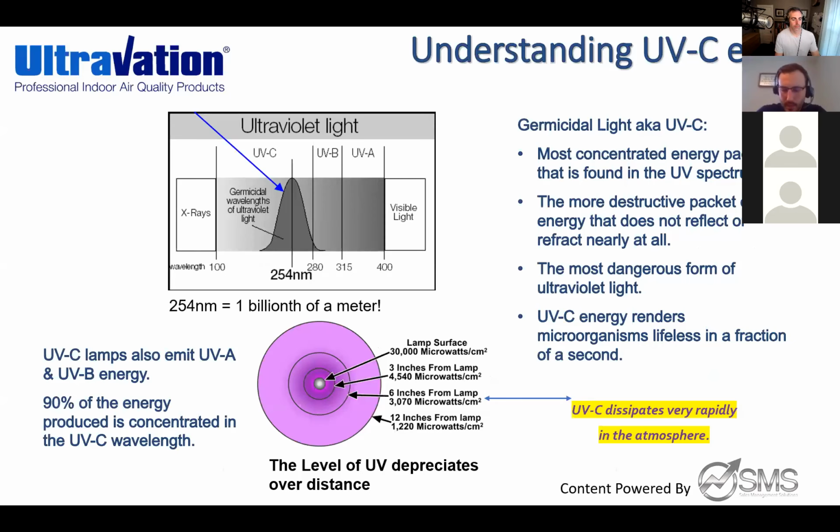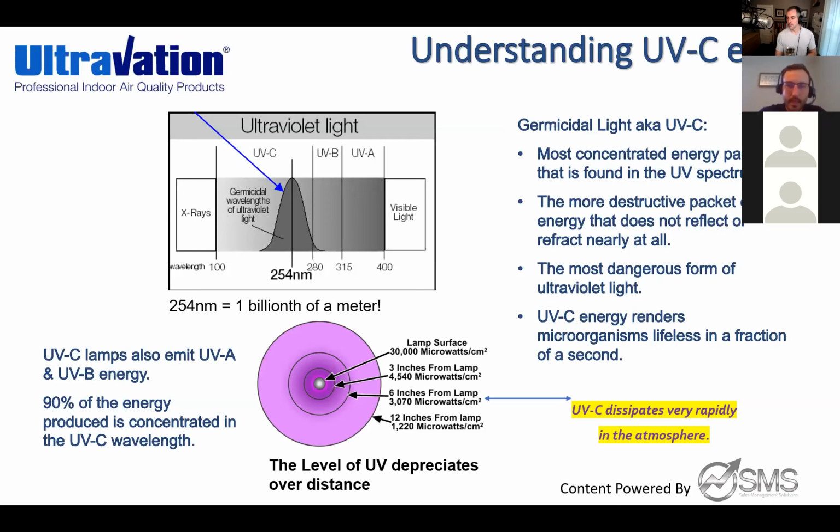All right, go ahead and jump to the next. Understanding UVC energy, we know how powerful UVC is just looking at the UV spectrum there. I did want to point you guys to the purple circle right there. We went over most of this already in the past, but just to give you an idea of how powerful UVC is, the closer it is to the surface that it is disinfecting.